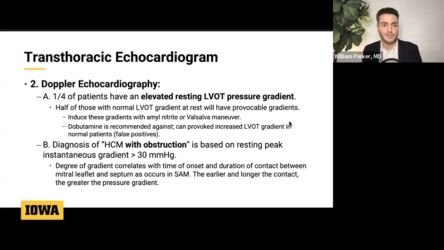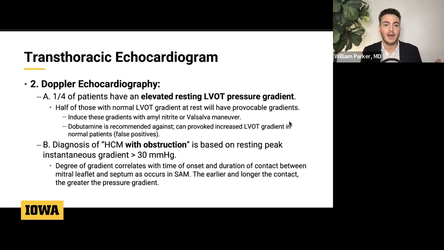You do a few maneuvers. As I mentioned before, things that decrease preload to the LV will worsen the murmur of hypertrophic cardiomyopathy. And in the same vein, they will increase the pressure gradient across the valve because you get more obstruction.